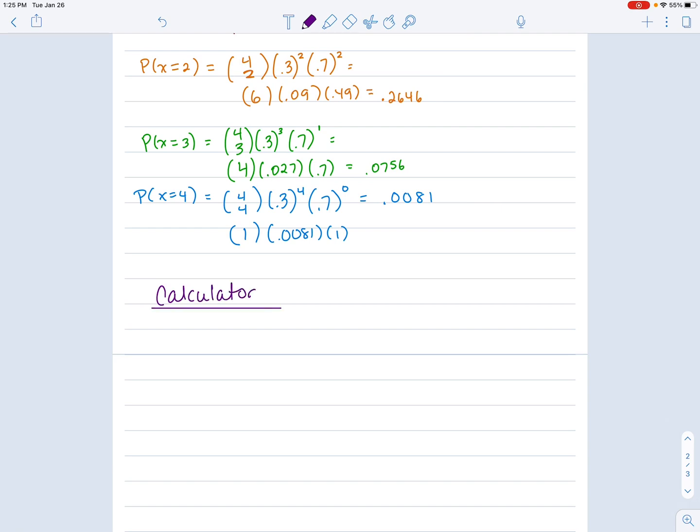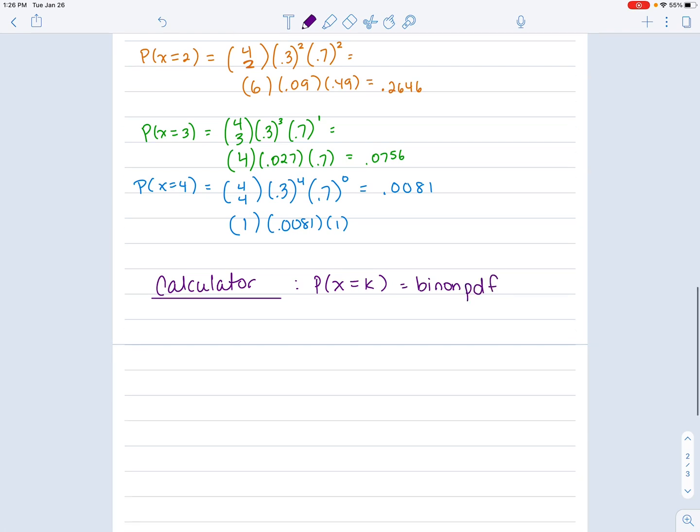So on the calculator, for probability of x equals k, we use binom PDF to get each one. So in your table, you're going to do stat edit. And in L1, I'm going to put the ends 0 through 4.